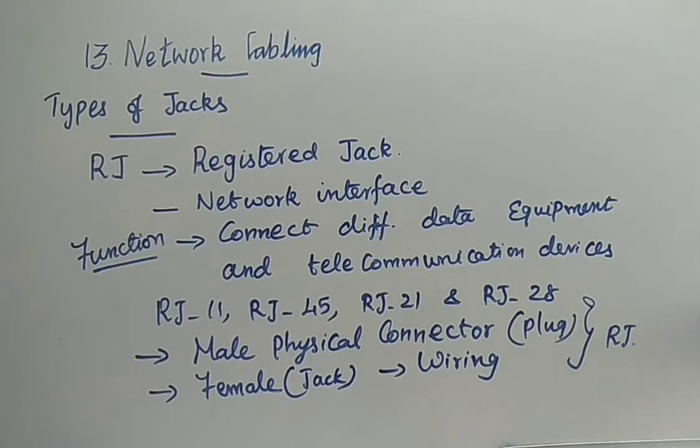It is your network interface used for network cabling. The main function of RJ is to connect different data equipment and telecommunication devices. Just for the purpose of connection, we are having the RJ. It is available as RJ11, RJ45, RJ21 and RJ28.